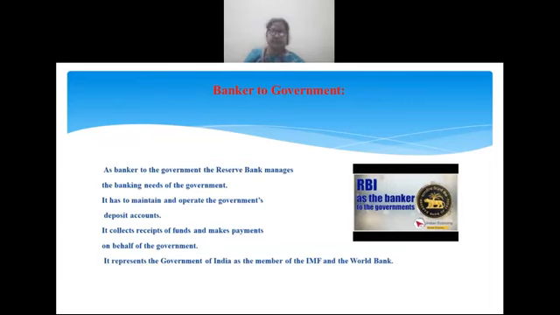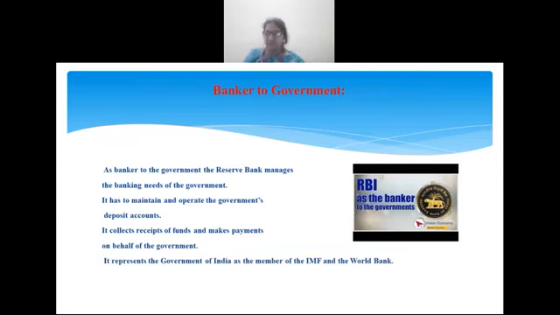It collects receipts of funds and makes payments on behalf of the government. Whatever the income or expenses of the government, all those are maintained by the RBI. It represents the Government of India as a member of the IMF and the World Bank. So RBI is the government's bank.